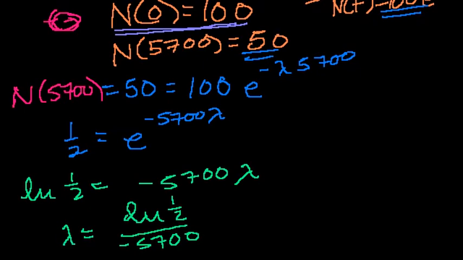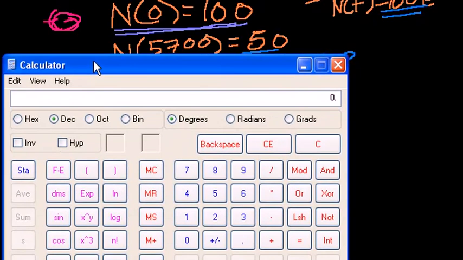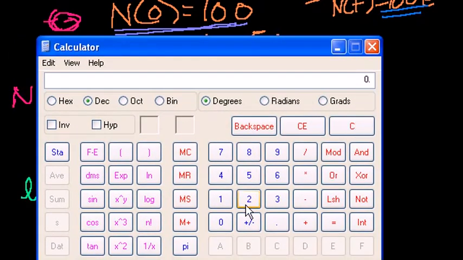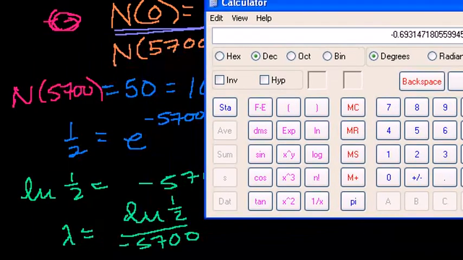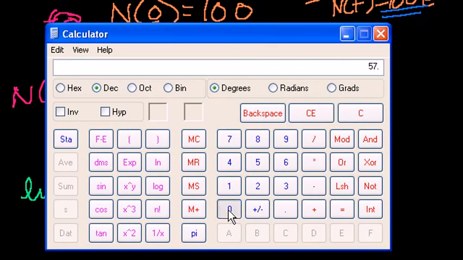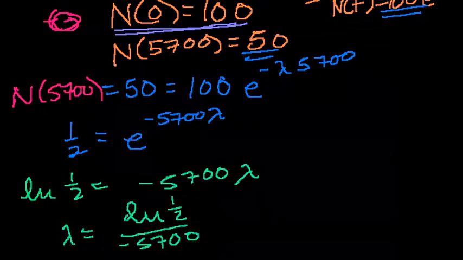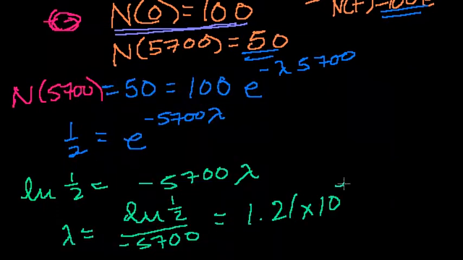So let's see what that is. 0.5 natural log divided by minus 5,700 is equal to 1.21 times 10 to the minus 4. So there you have it. We figured out our lambda.